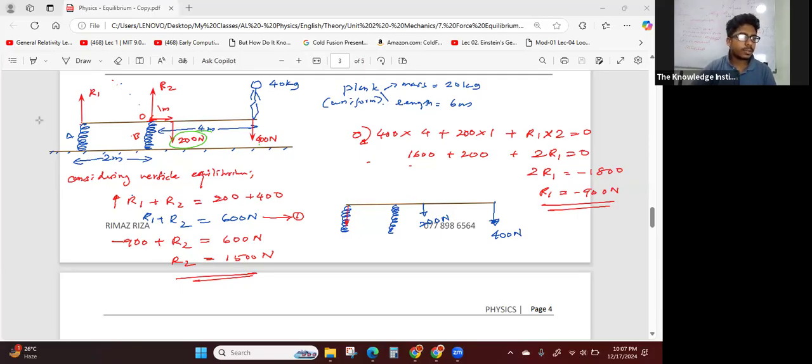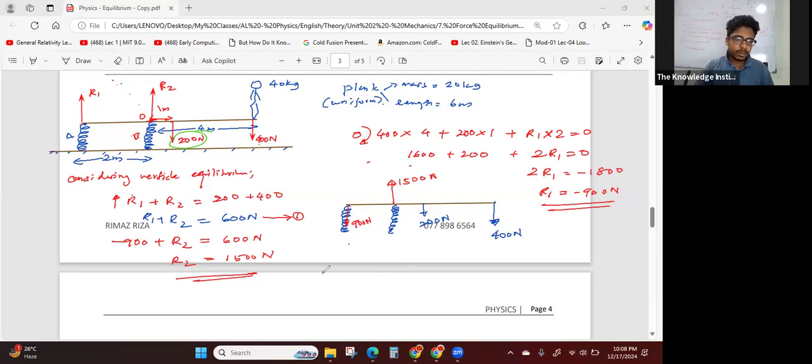The magnitude of R1 is 900 Newton, and here on the plank it will be 1500 Newton. Okay, so now this is the free body diagram, the same thing I have marked here. Now in this question, we want to write the forces acting on the spring by the plank.